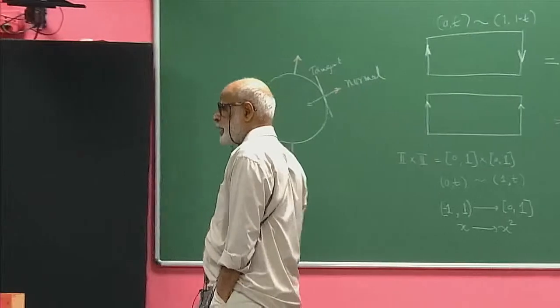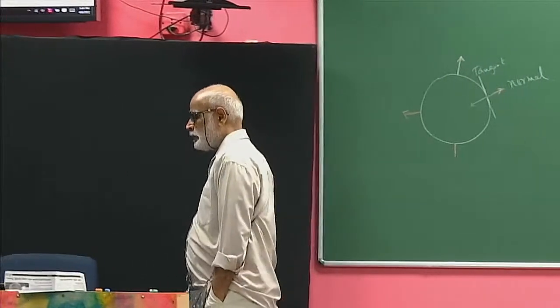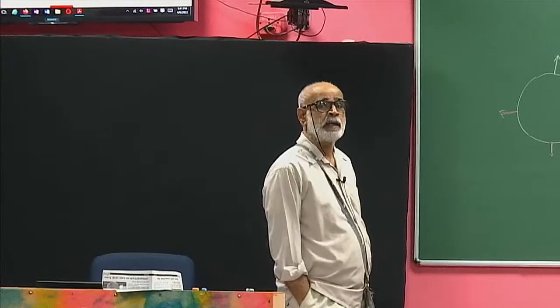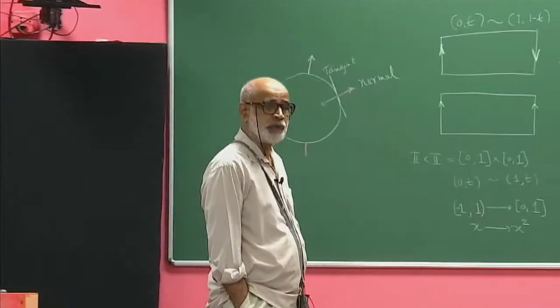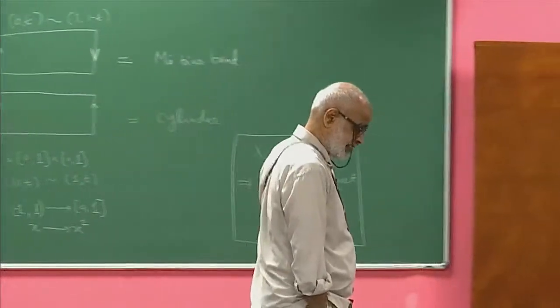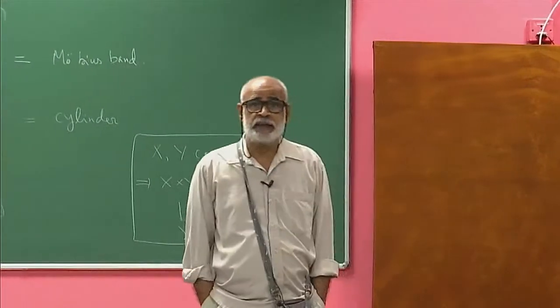So this is where common intuition may fail, but having learned topology all this while, you should be able to do some abstract thinking which will tell you exactly what happens.